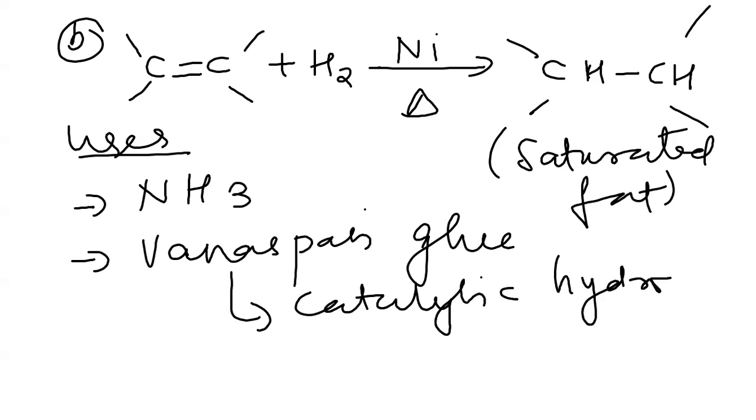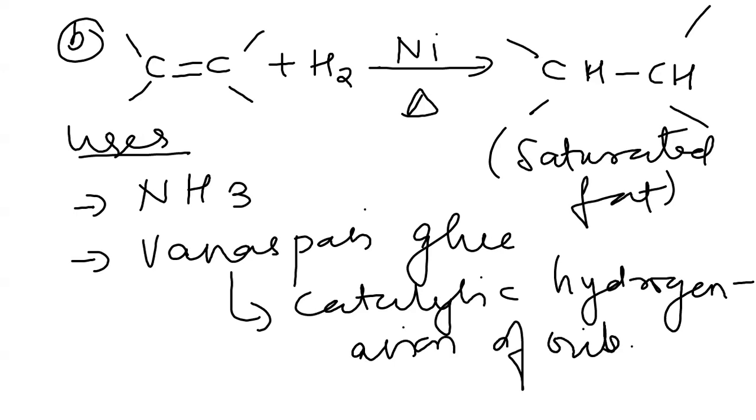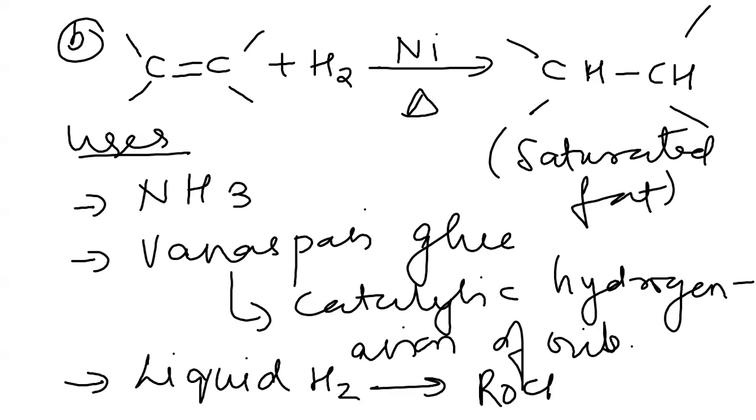Actually, this part of the syllabus, hydrogen, is not in NEET. By catalytic hydrogenation of oils. Then next, liquid hydrogen is used as rocket fuel. And it is very important.